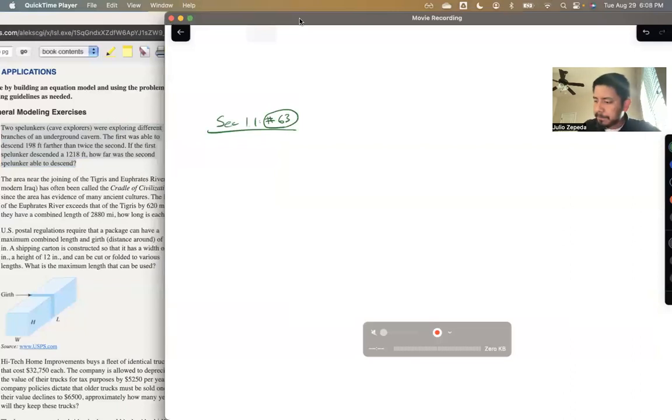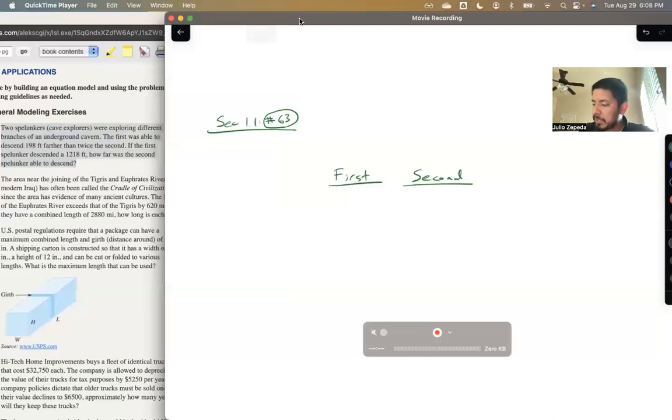Okay, it looks like there's an extra A in there, a little typo, but that's okay. So there's two spelunkers, and we'll call them maybe the first and the second. What does the statement say? There's one that says the first was able to descend 198 feet farther than twice the second.